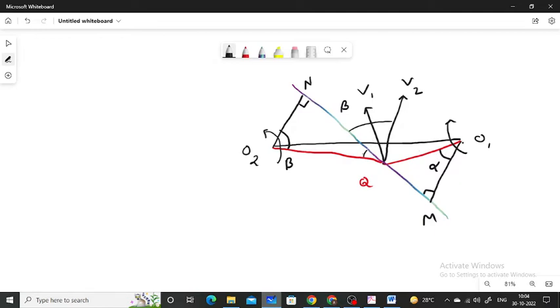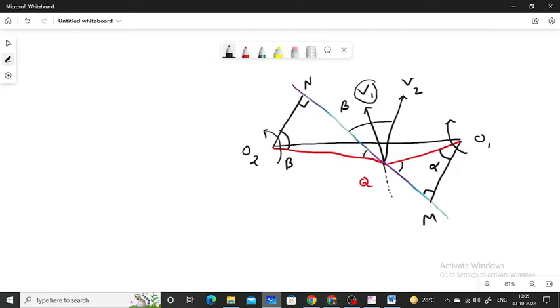Similarly, from the triangle O1QM, if angle QO1M is alpha, in that case remaining angle in this right angle triangle O1QM will be 90 minus alpha. Okay, here linear velocity of wheel 1 V1 is perpendicular to the O1Q.